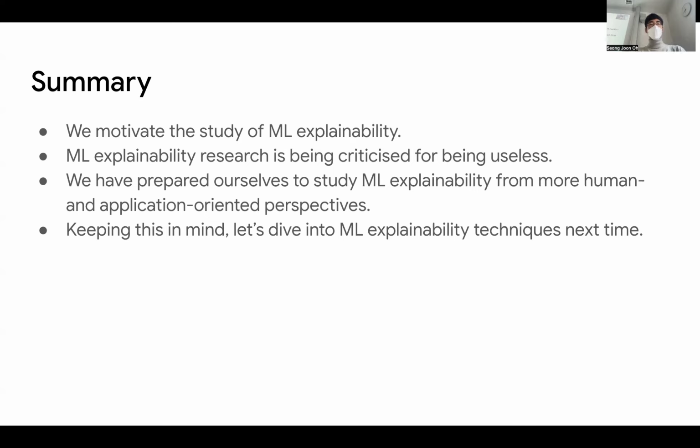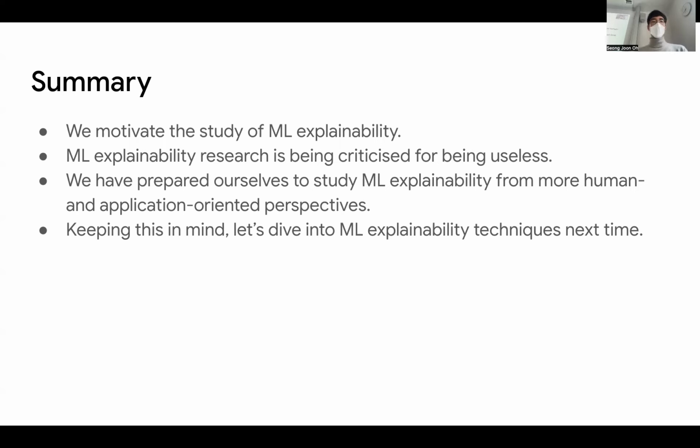So we have motivated the study of machine learning explainability. It's really needed these days because machine learning has a lot of problems and we have to fix them. And for fixing them, we need to understand the system. And machine learning explainability research is being criticized harshly for being useless.